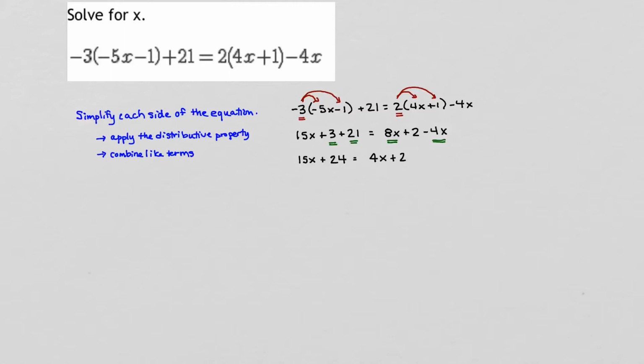Now we get to the good stuff. Now we're going to apply our addition-subtraction property of equality. Now that's a big word. Those are big words. And what exactly am I talking about? Well, the addition-subtraction property of equality tells us that if we add something to one side of the equation, we're allowed to do that so long as we also add it to the other side.